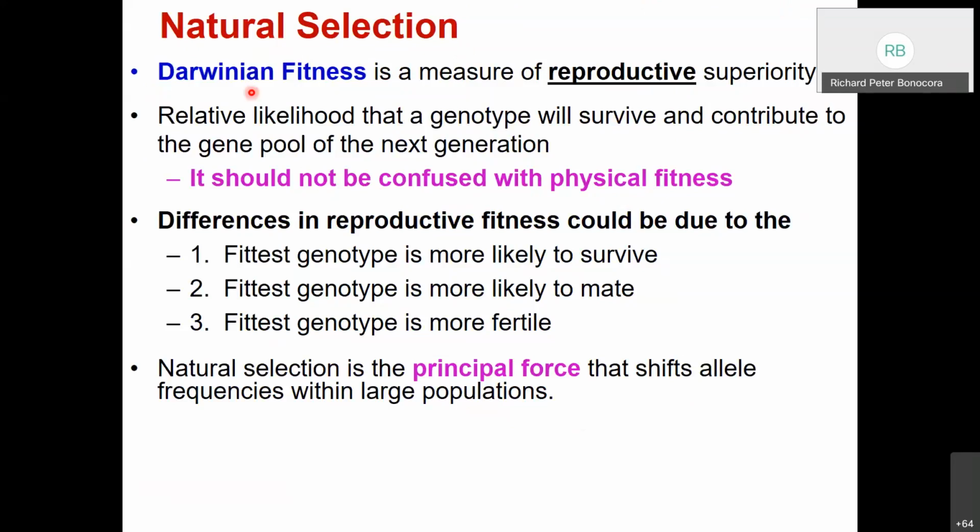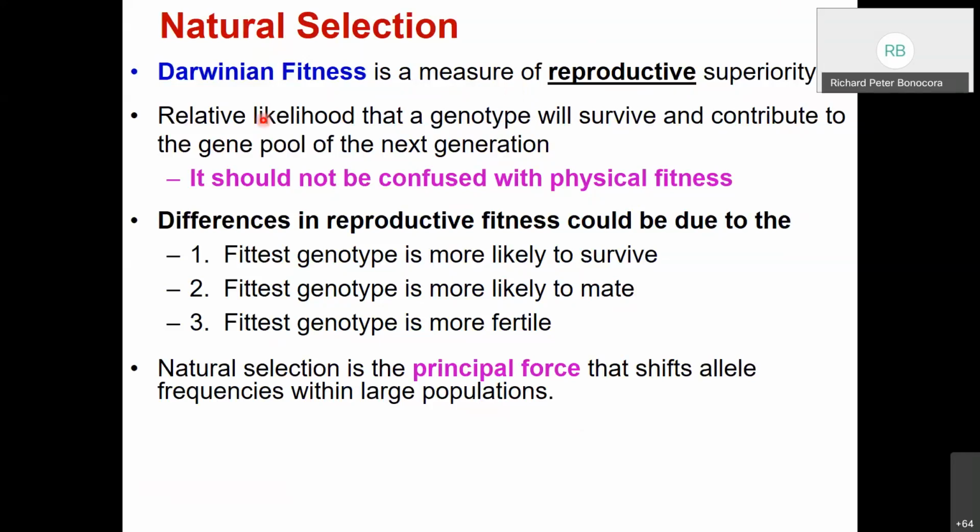First we're going to talk about fitness. Darwinian fitness is a measure of reproductive superiority: how well having certain traits will promote an individual to be able to mate and pass its genes on to the next generation.